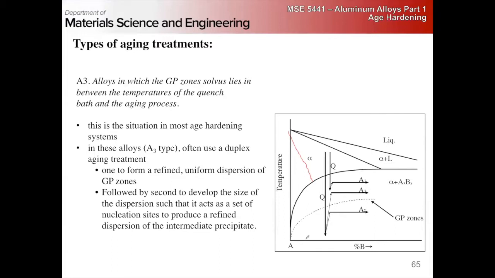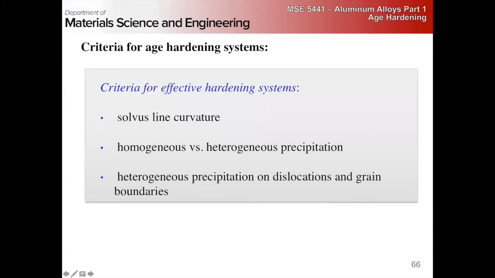So that I would only be able to have a much smaller number of precipitates, right? So this high degree of solvus line curvature is really important to be able to create an effective hardening system, right?